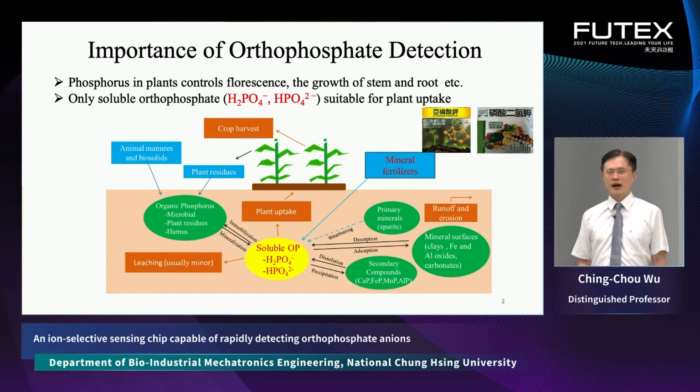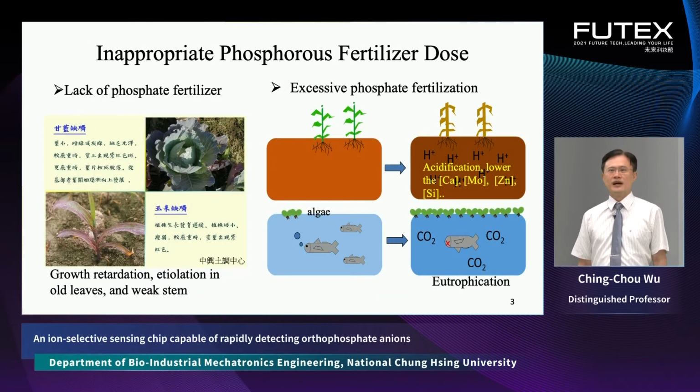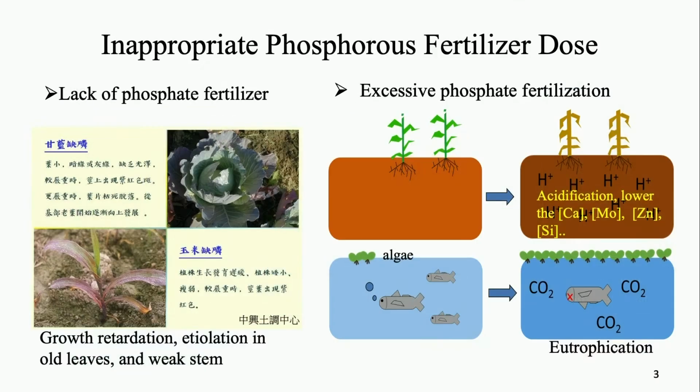So how to detect the phosphate concentration? With an appropriate phosphorus fertilizer dose, we induce different symptoms. If the plant lacks phosphate fertilizer, we induce growth retardation, irregularities in all the leaves and a weaker stem.